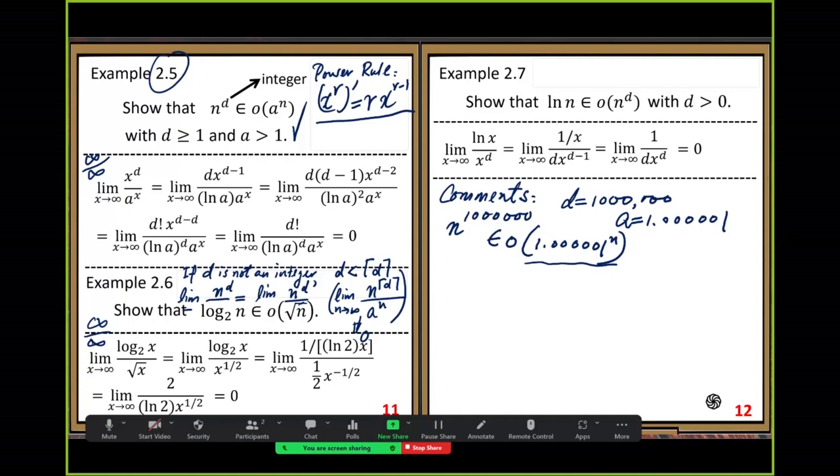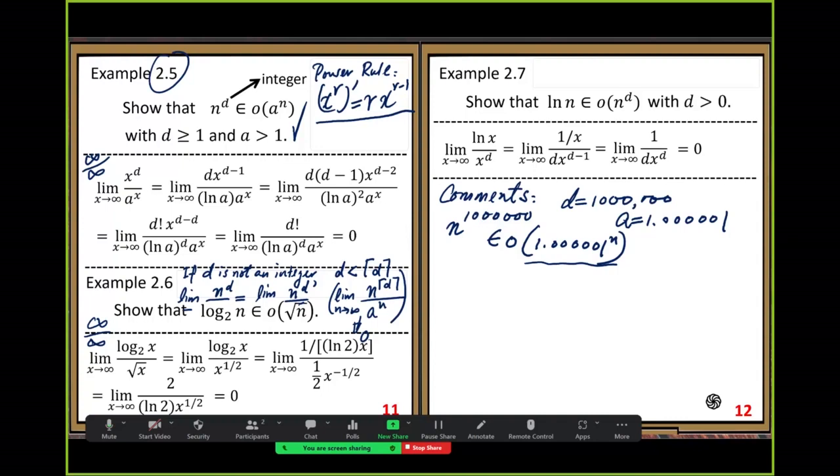But it's hard for you to imagine. So for that reason, if you do not understand this part well, you may get a wrong answer. Our homework will have this kind of questions. So be careful here. So that's the first example.